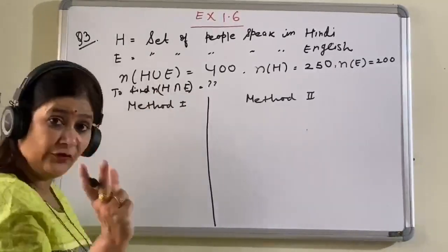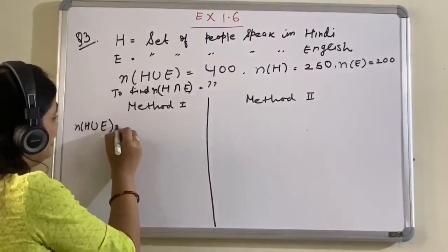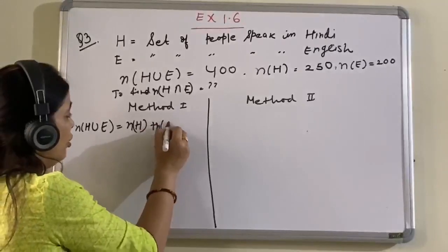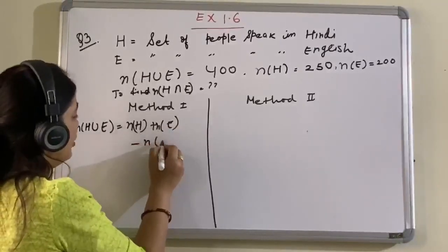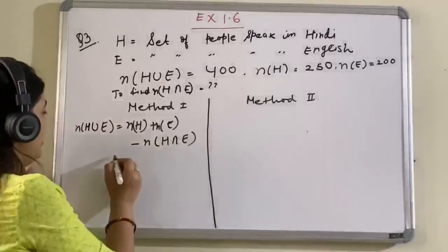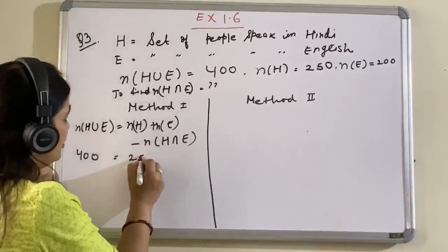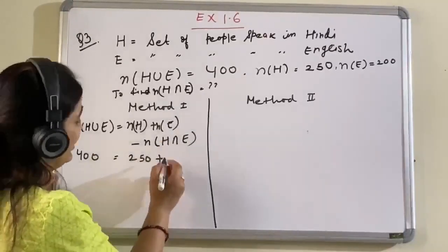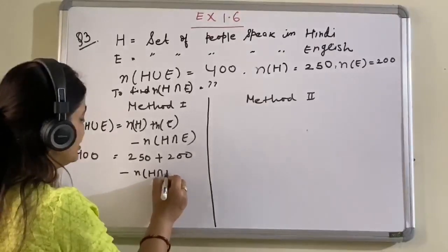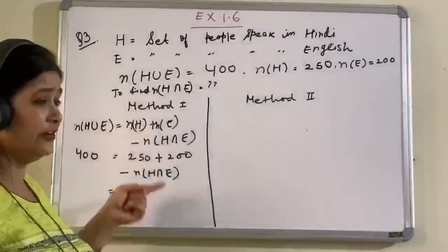Simply use the formula: n of H union E is equal to n of H plus n of E minus n of H intersection E. Substitute the values: H union E is 400, n of H is 250, n of E is 200, minus n of H intersection E. You can simplify and find the answer. It is the first method.